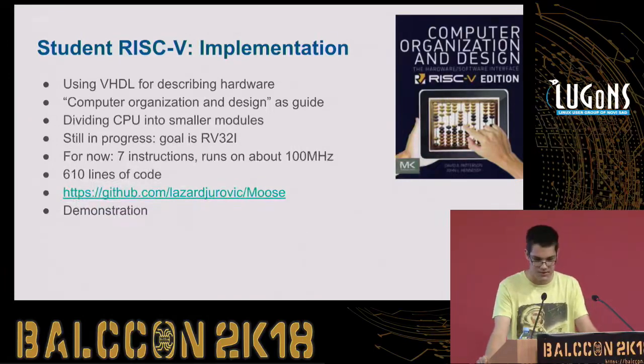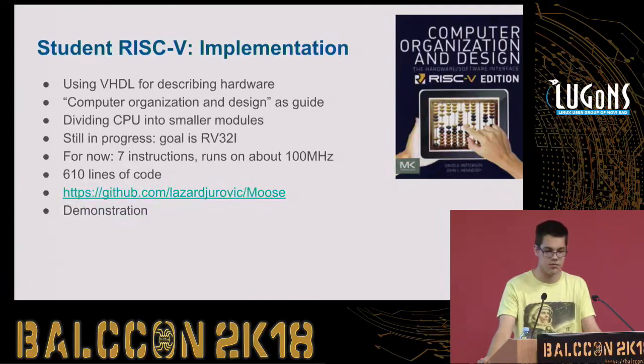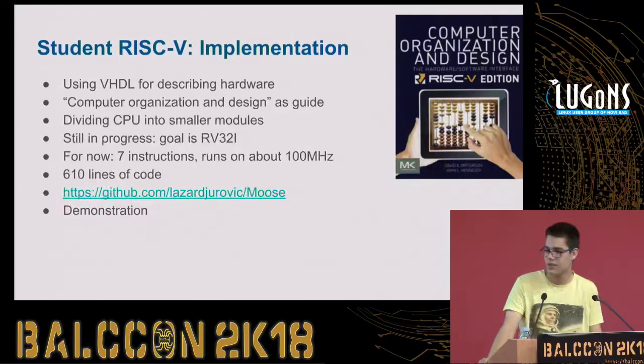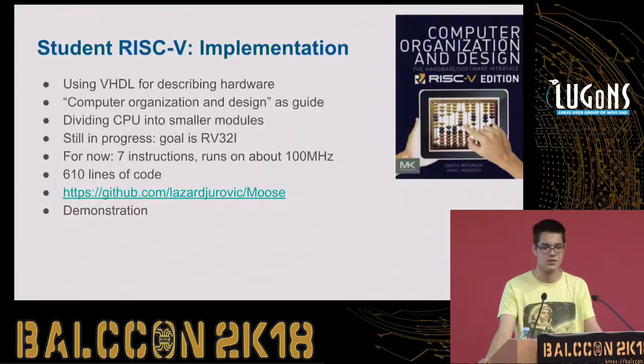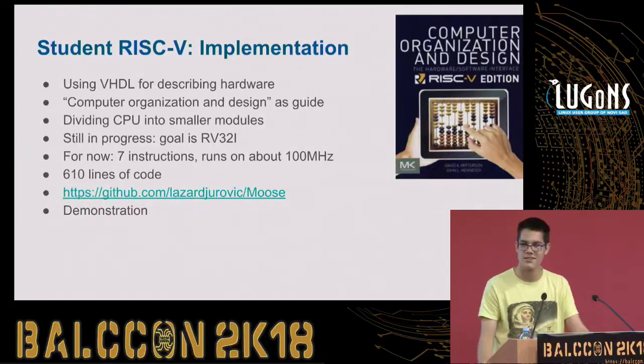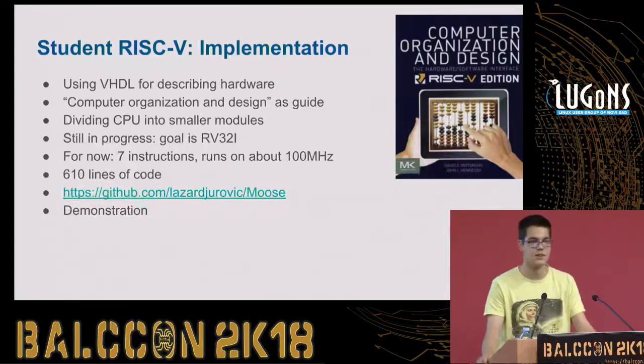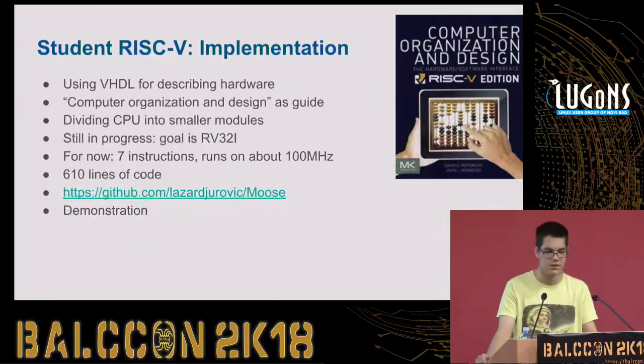Development is still in progress, and my goal is to be RV32I compatible, so it means I can run all the integer instructions which the professor talked about. For now I have only 7 instructions, but those 7 instructions represent all the instruction types. I have register to register, immediate, store, and branch instructions.